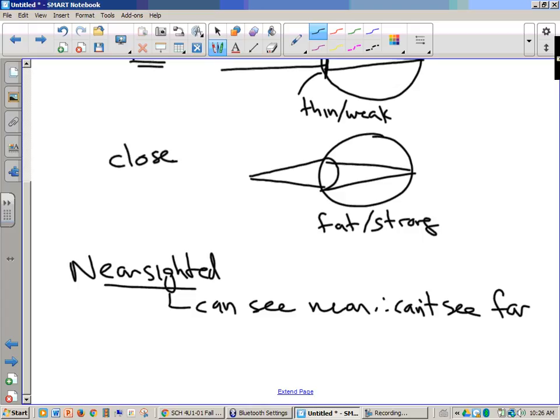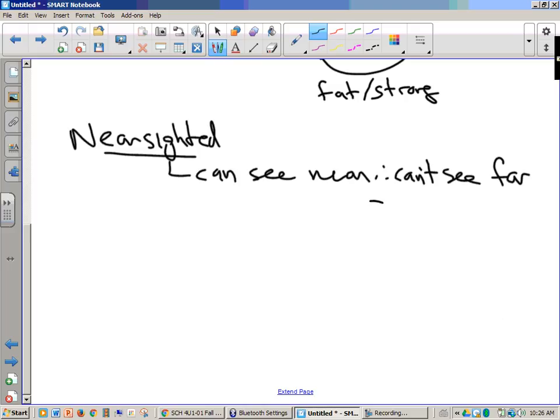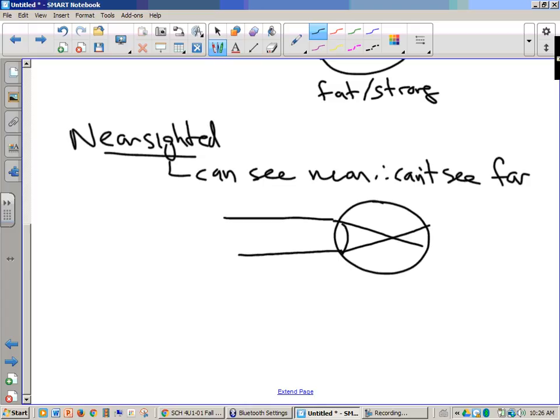So the far one, they bend nicely, but with someone that is nearsighted, there's my eye, here come the rays, and the problem is they cross too early. All right? They cross too early because they're having trouble with the far light. It means that this lens is too what? Too strong. It's bending it too fast. It's bending it too early. So it's too strong.